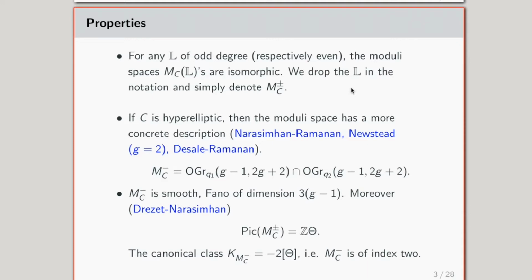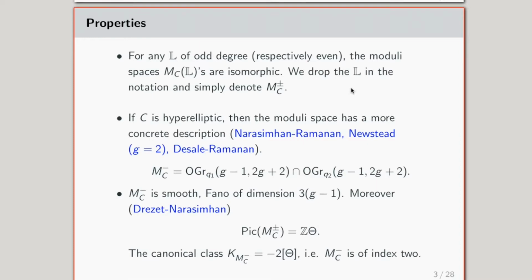Q1 and Q2 are two quadrics, and you look at the orthogonal Grassmannian of (g minus 1)-planes in 2g plus 2, and it's just the intersection of those two. If you take g to be 2, this is exactly the previous description, the intersection of two quadrics in P5.